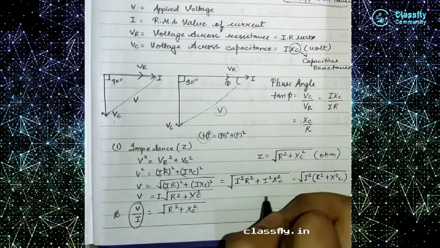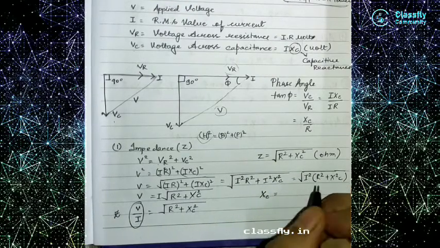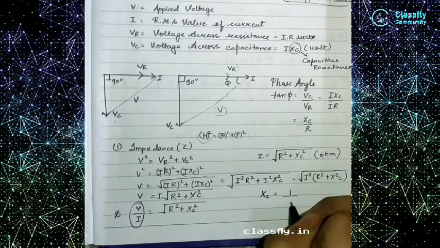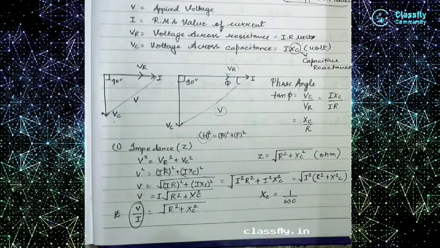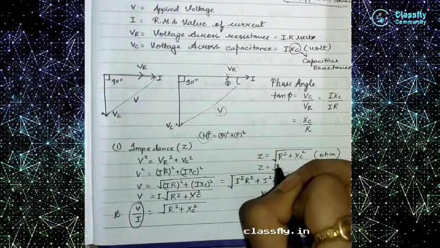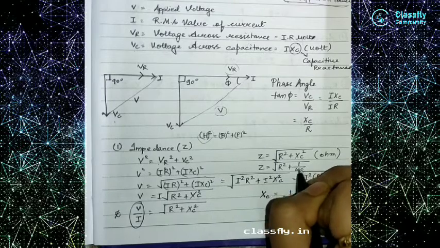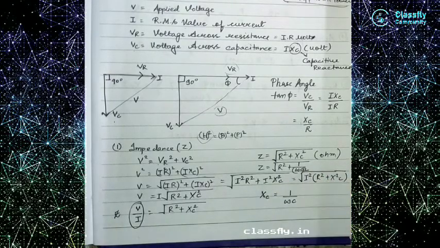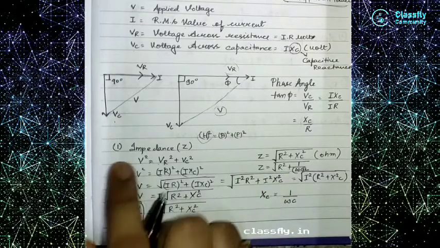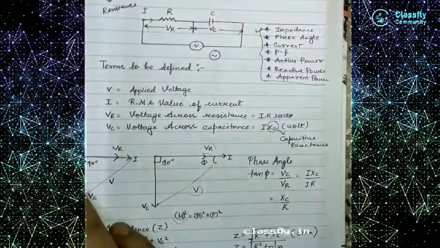And one more thing, we know that XC is 1 by omega C. So we can write this equation as Z equal to the square root of R square plus (1 by omega C) square. So we have completed our first one, that is our impedance.